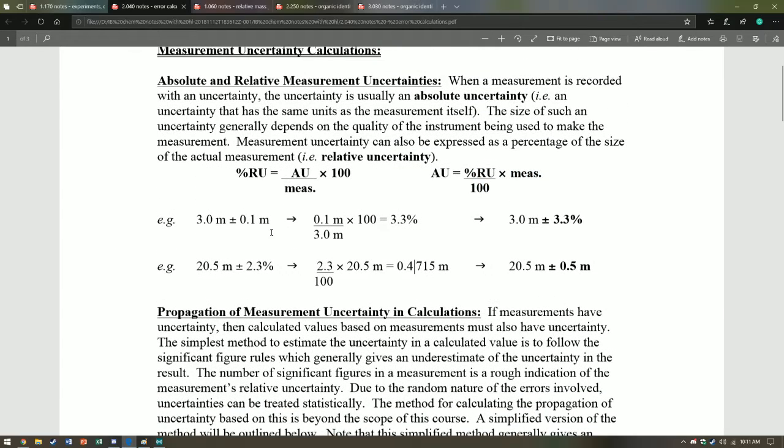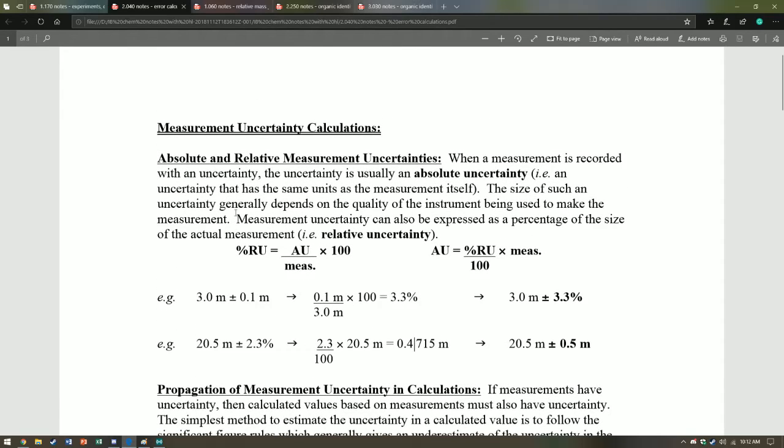Absolute uncertainties have the same unit as the measurement itself, whereas relative uncertainty does not. It's plus or minus 3% versus plus or minus 0.3 meters, for example. So you could express it as 3 meters plus or minus 3.3%, or 3 meters plus or minus 0.1 meter.